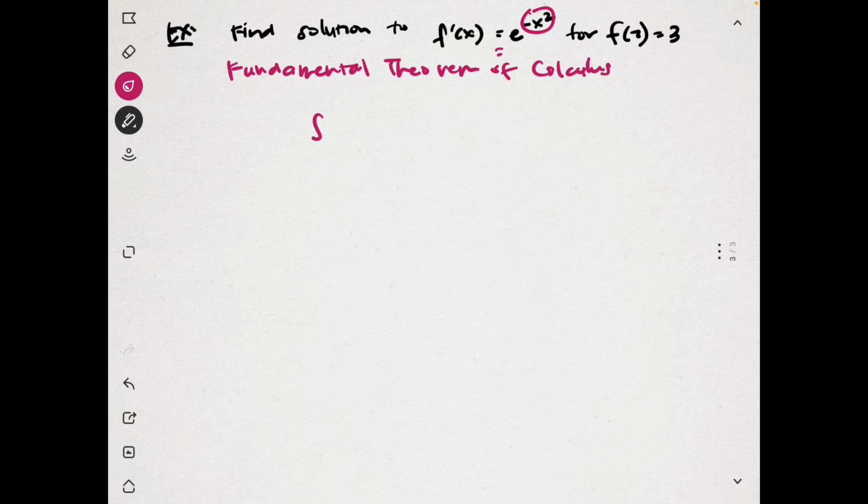Remember it said that we have an a and an x, right? So a is our starting point, our x is an unknown, and then we're going to have our function of t, dt, is going to give us our solution.